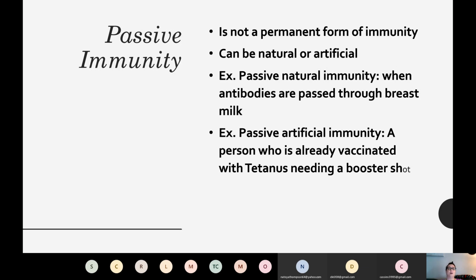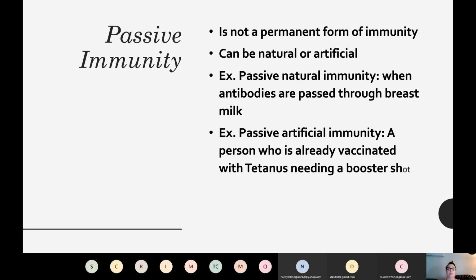And then there is passive, okay? Passive is not permanent. It can be natural or artificial. An example of passive natural immunity is the antibodies passed from the mother. Is that permanent?